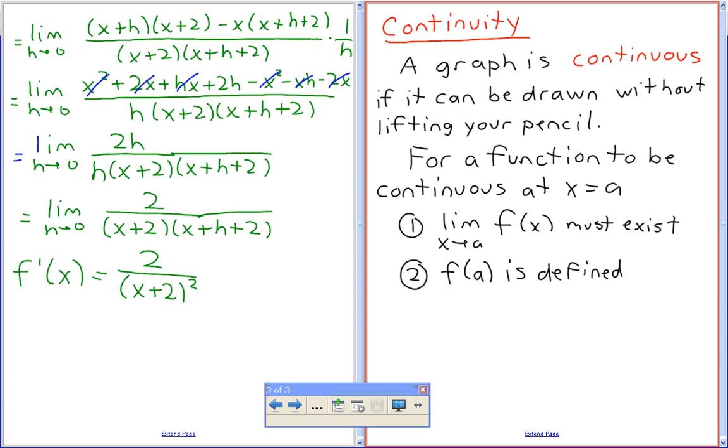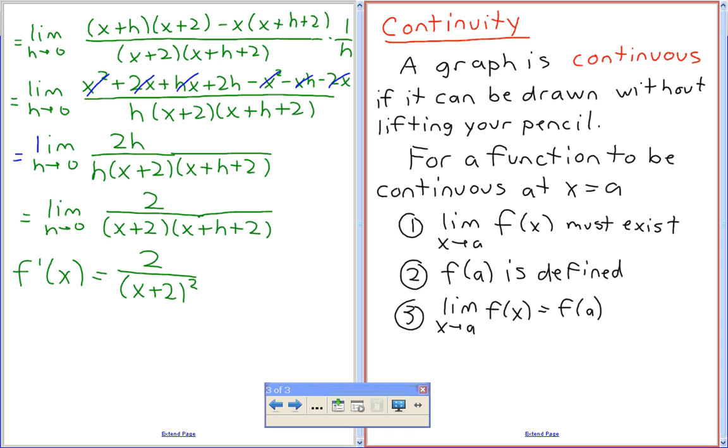Number three, the limit as x approaches a of f of x equals f of a. So what that means is if the limit as x approaches 3 is a number that's different than f of 3, then there's a problem.